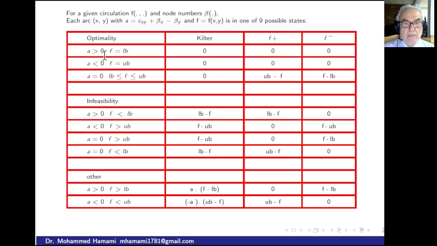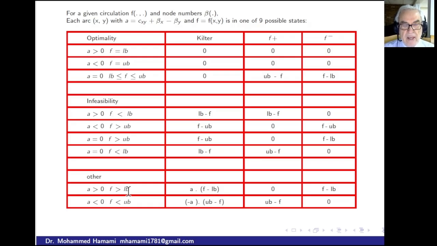And we have two other ones. So if you look at a positive, f is equal to LB. A positive, f is less than LB. And so we need a positive and f bigger than LB. And the same thing here. A negative, we need f less than UB. So these are two states. And the Kilter number is defined differently. Why?